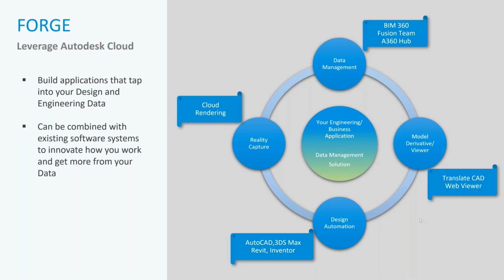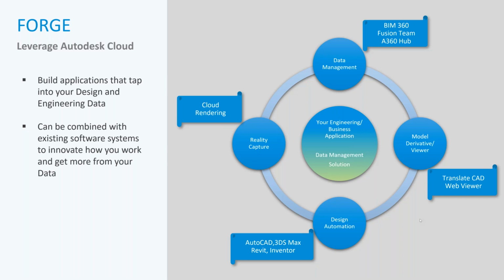Now, Forge has been around for a long time with Autodesk. It wasn't named Forge. We had APIs available for BIM 360 and also Fusion Team and also PLM 360, which is now known as Fusion Lifecycle. So what we did, we grouped all those APIs together and also added a few APIs into it and grouped this product as Forge.